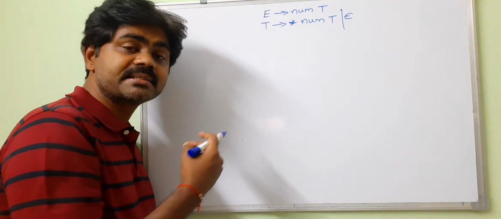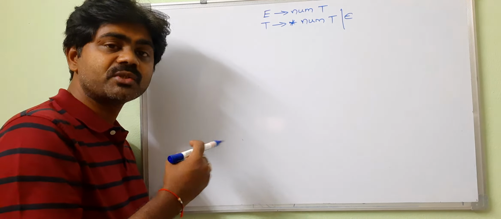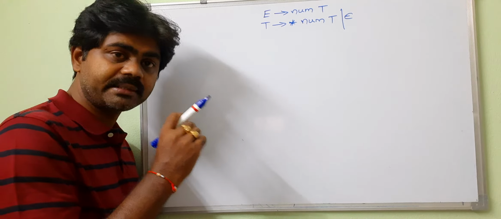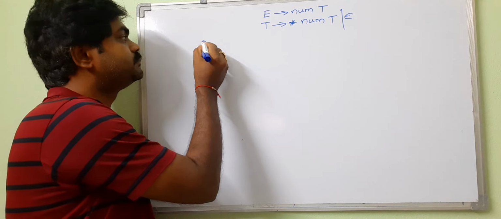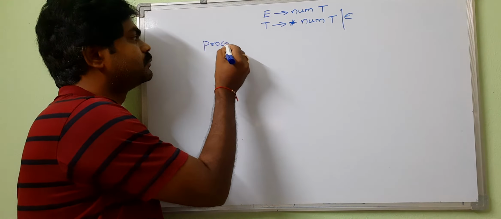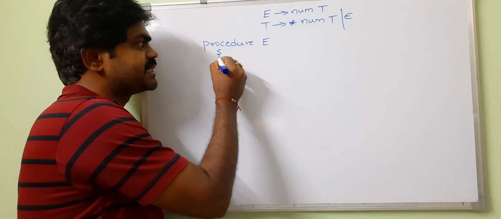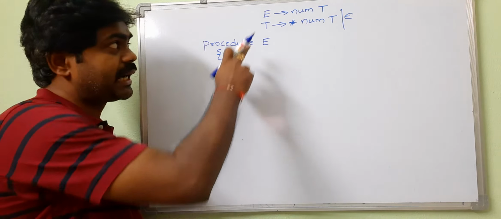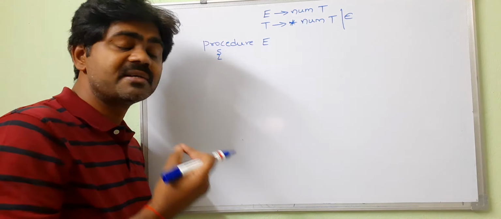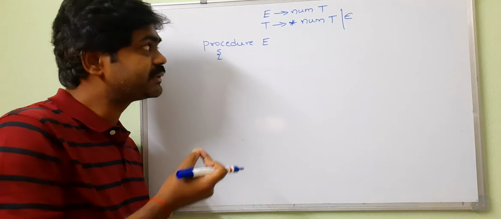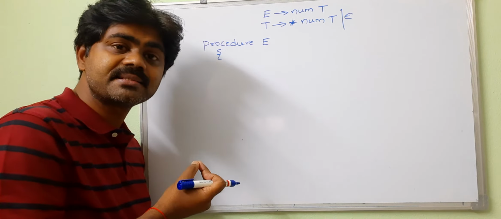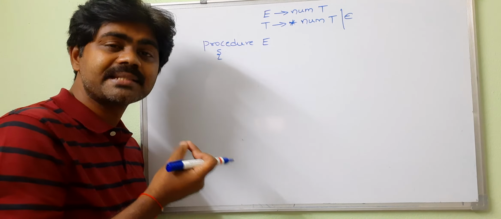My starting symbol is capital E, right? So I need to start with procedure E. And what is the first thing encountered on the RHS? Num.